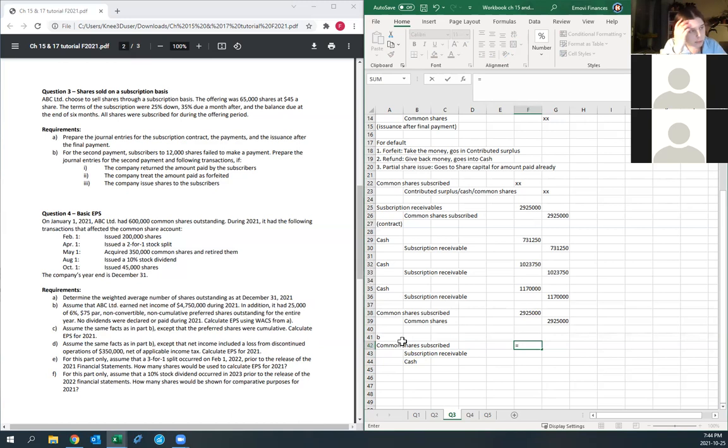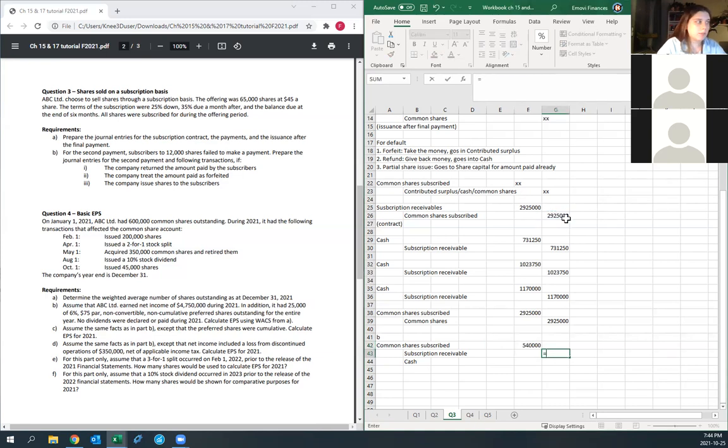So for subscribed, you're going to take 12,000 shares that were defaulted divided by the total amount of shares, so 65,000, times the total amount that we had in the account.